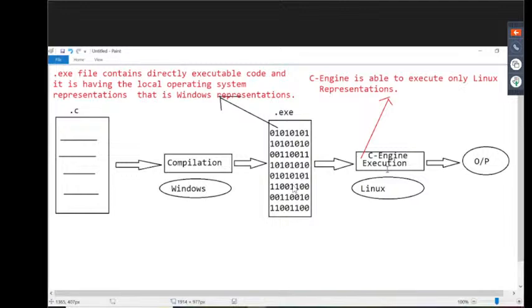The C engine is expecting what representations? Directly Linux representations, as it was installed on top of the Linux operating system. But we provided the .exe file with Windows representations. So definitely we are getting some mismatch. Because of this mismatch, our program is not going to be executed. So if you want to execute your program in this situation, what exact change do we have to make?